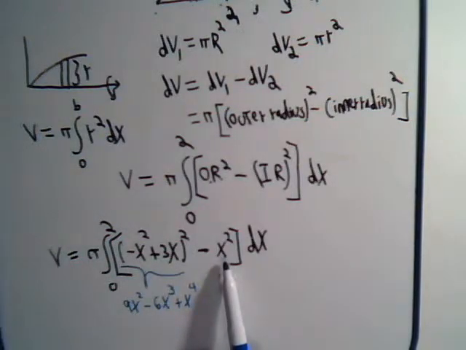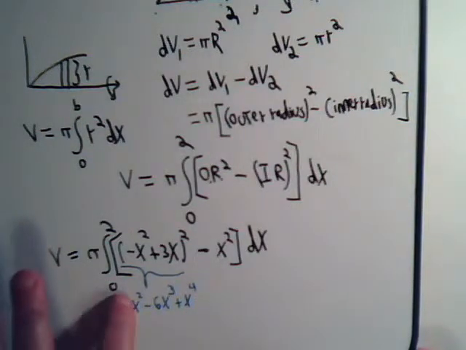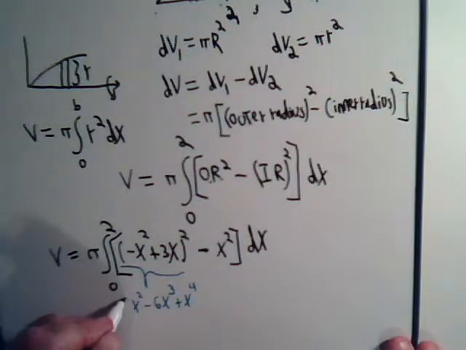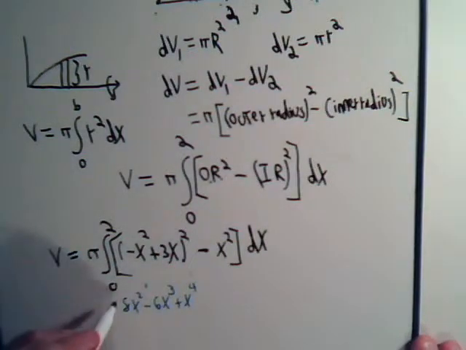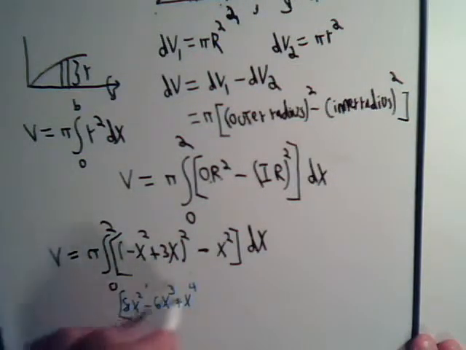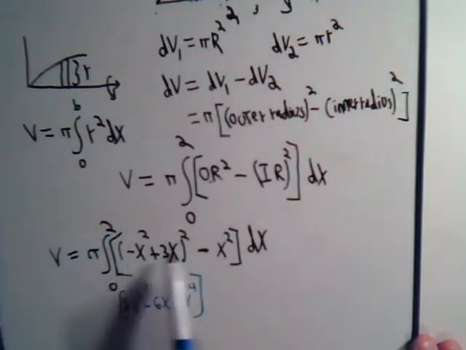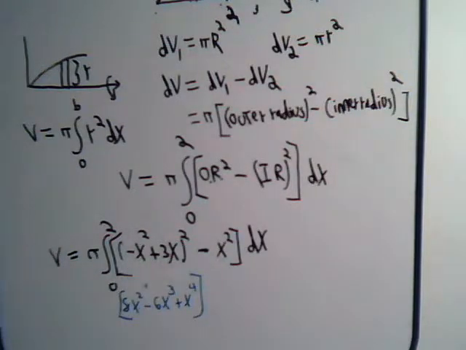And from here, that's just x squared. We're subtracting off x squared, so our whole expression here will be 8x squared minus 6x cubed plus x to the 4th. So that's what this value is, and we want to integrate that.